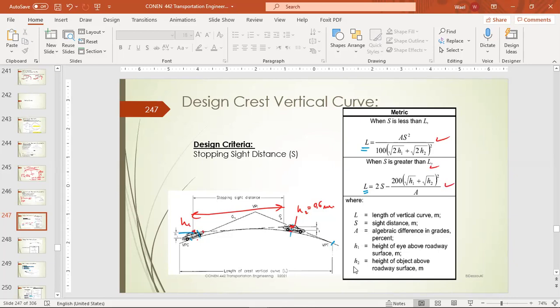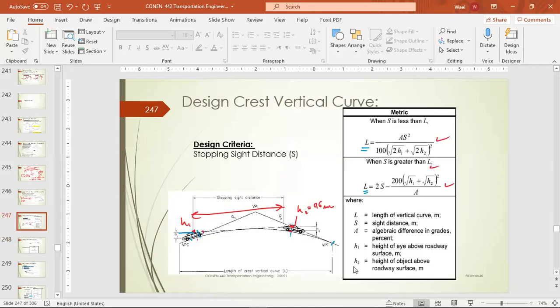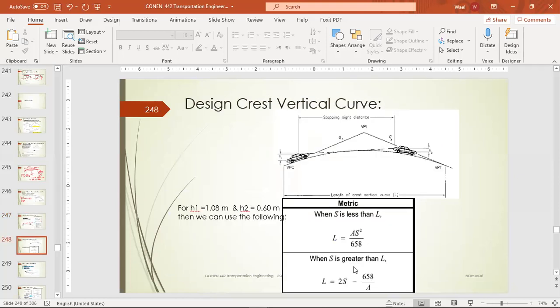So how can we do that? We start first assuming that S is less than L. Then we substitute here. If L becomes less than S, then we go to the second formula. This is the short form, basically the same form, but after substituting for H1 and H2 with 1.08 and 0.6.